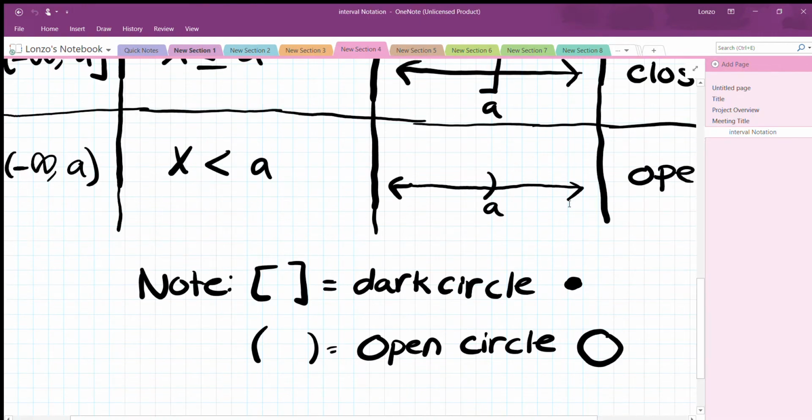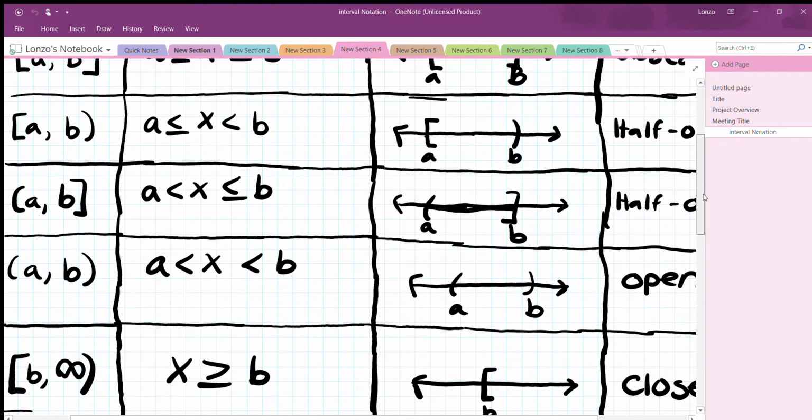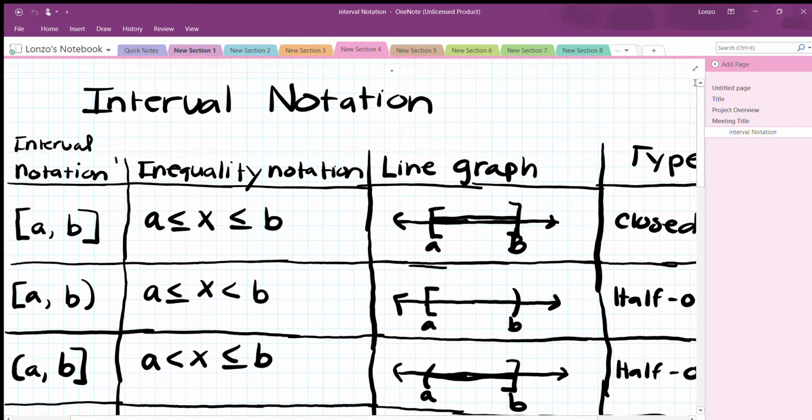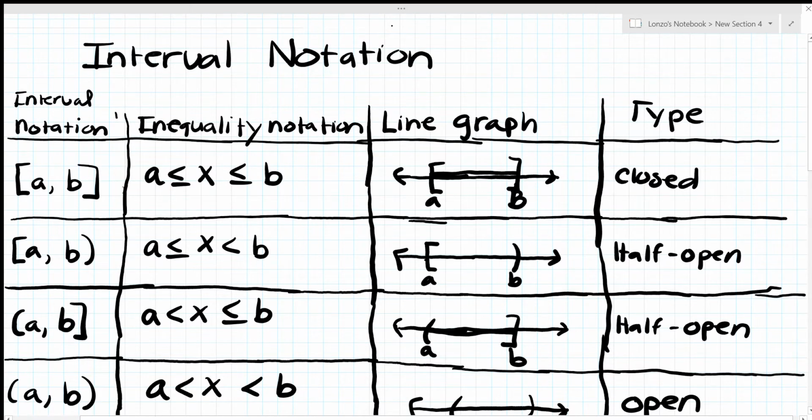So remember, when you're graphing an inequality, here are some rules of the interval notation. When you're dealing with brackets, meaning included, like from A to B, in inequality notation it would look something like this: x is greater than or equal to A and less than or equal to B. And when you graph it on a line, you always put that bracket, or you can also use a dark circle because they're the same thing.